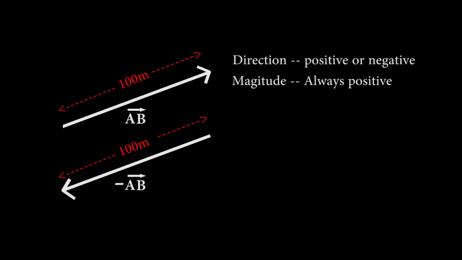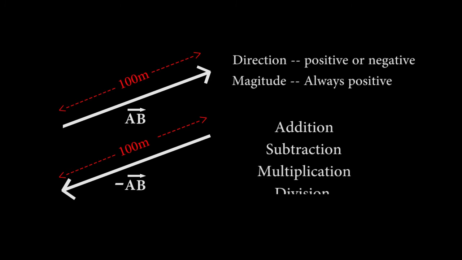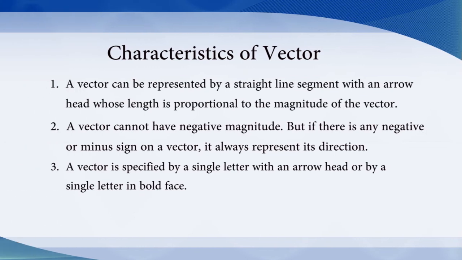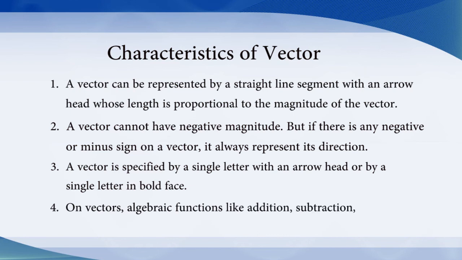So, you cannot perform algebraic functions like addition, subtraction, multiplication, and division on vectors. Let us summarize this as: on vectors, algebraic functions like addition, subtraction, multiplication and division cannot be performed.